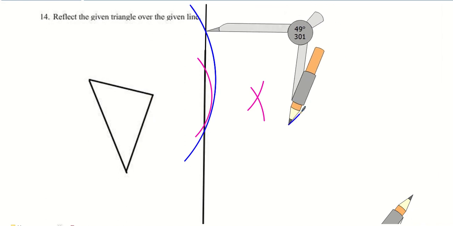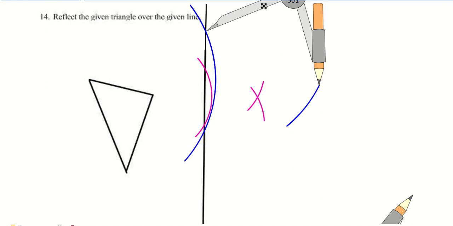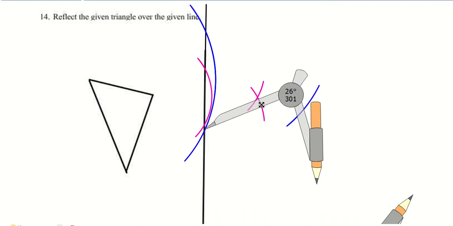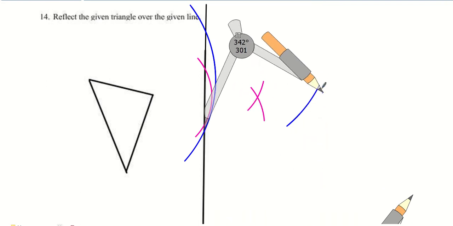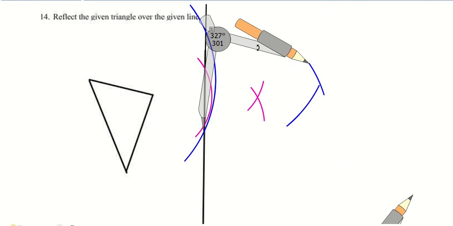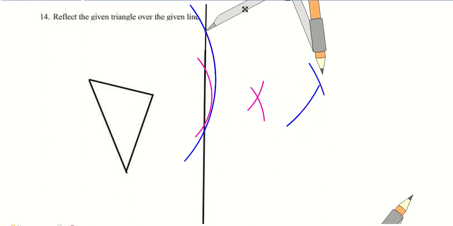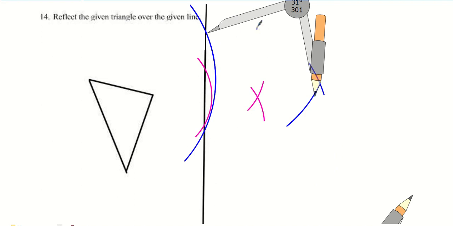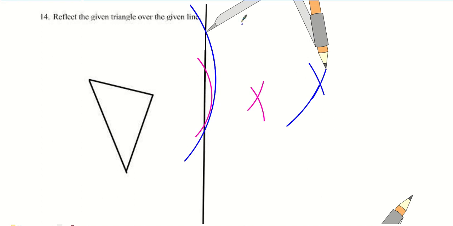So, two arcs in the middle. All right. Oh, and you can see that one wasn't even drawn long enough, the first one. We're just going to have to redo it and extend it, and there's our intersection.